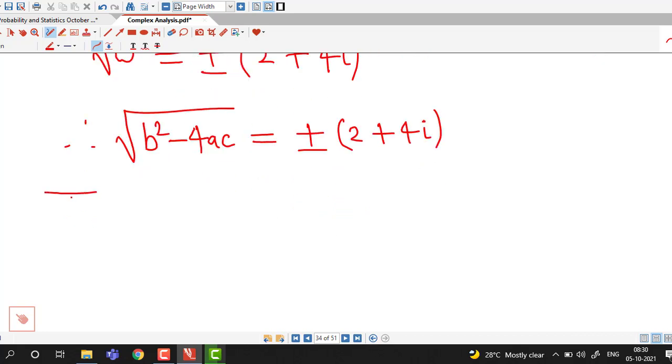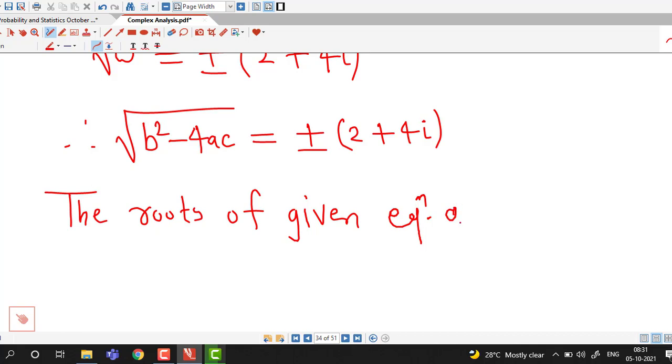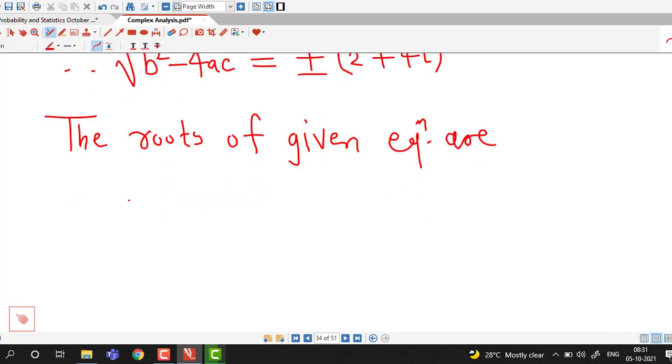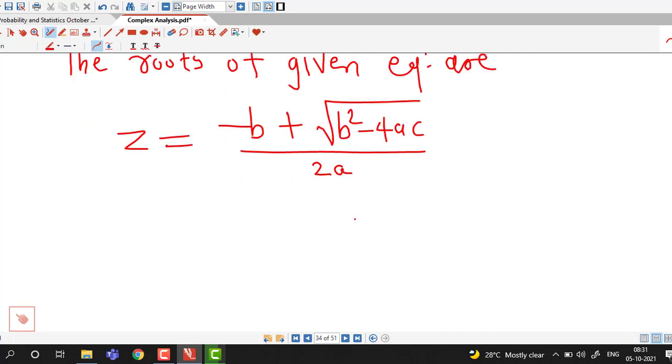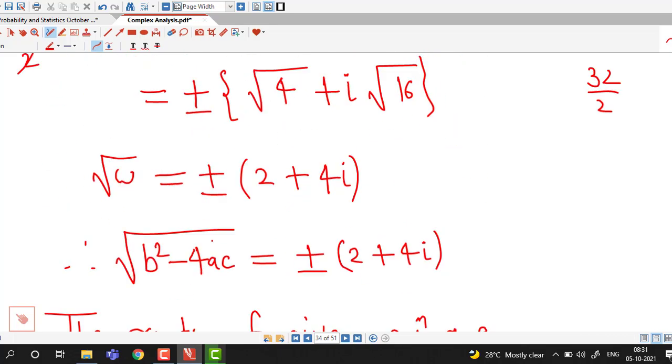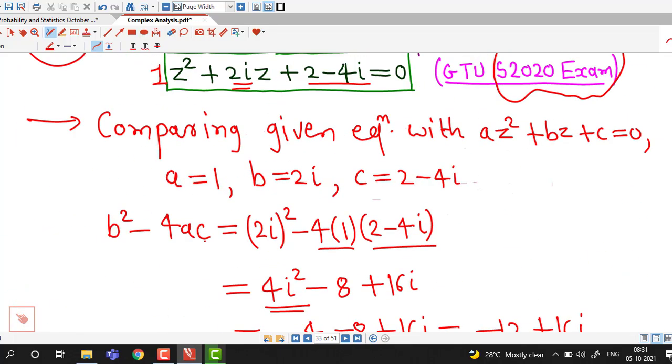Now we write down the formula for roots of the given quadratic equation. So the roots of the given equation are, we write down that formula: z equal to minus b plus or minus square root of b square minus 4ac divided by 2 times a. And we substitute all these values here. First we see what is the value of small b.